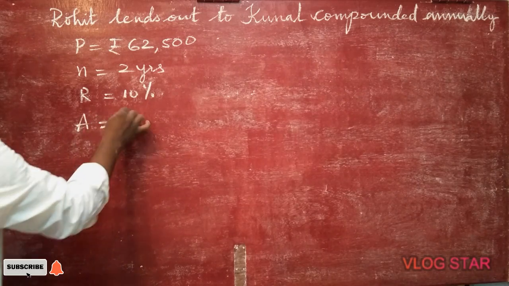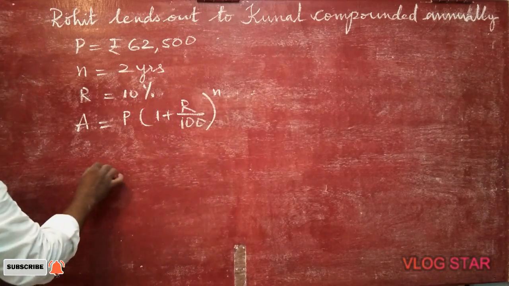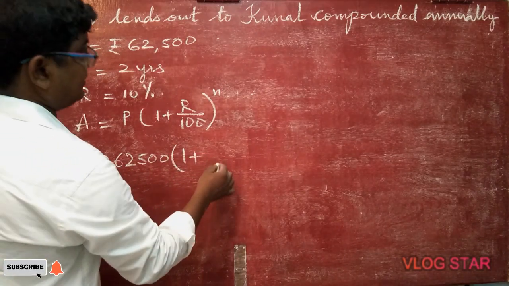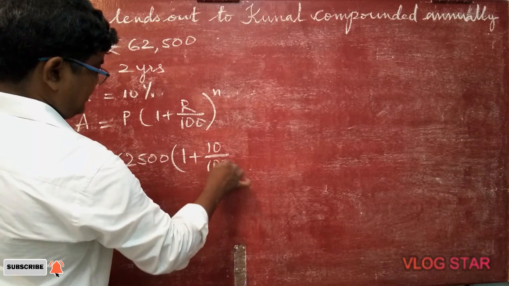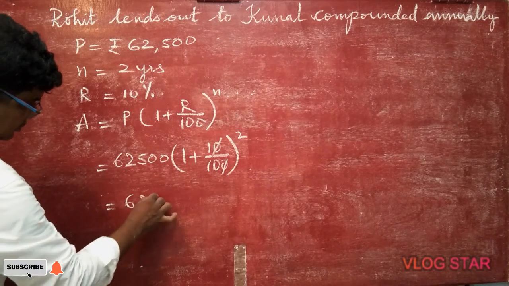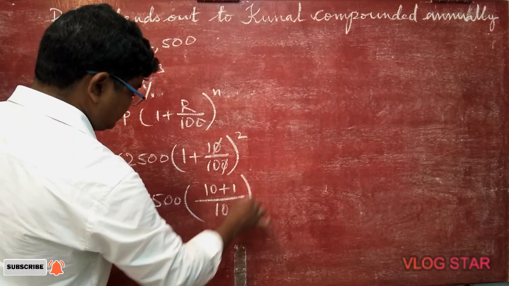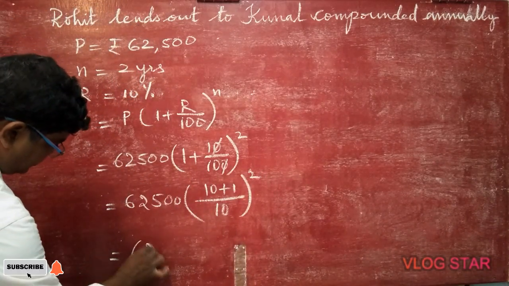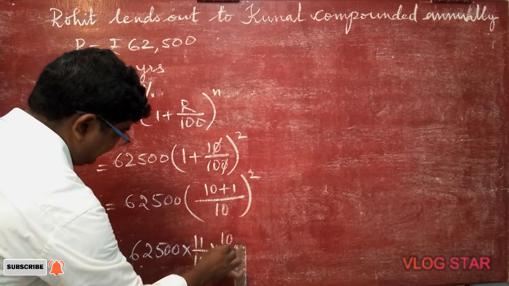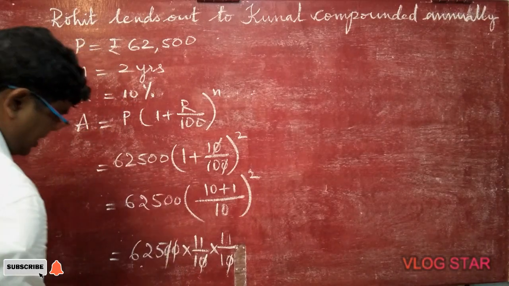Now amount is P into (1 plus R by 100) whole to the power of N, 62,500 into (1 plus 10 by 100) whole square. Zero cancel. Here 10 is LCM, (10 plus 1) whole square, that is 62,500 into 11 by 10 into 11 by 10, because square is there.